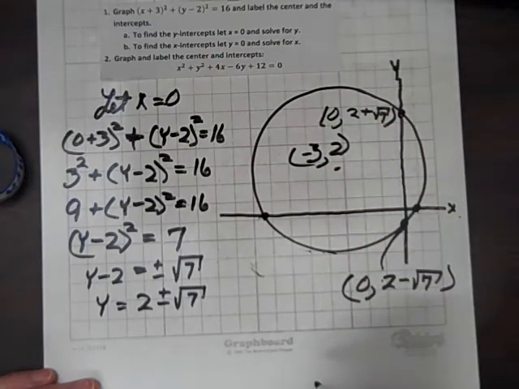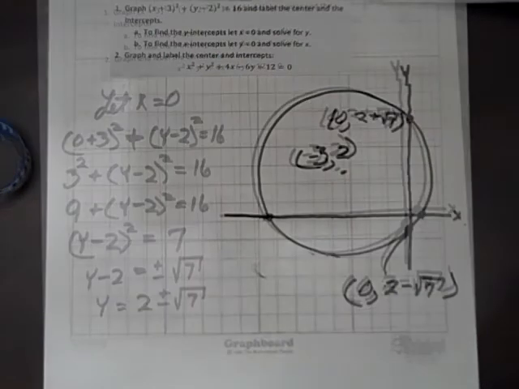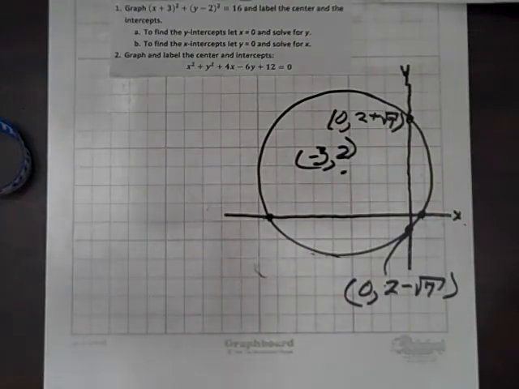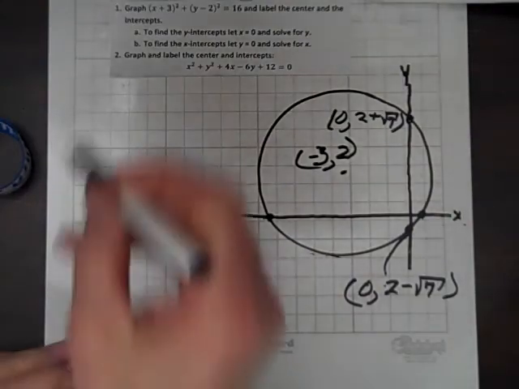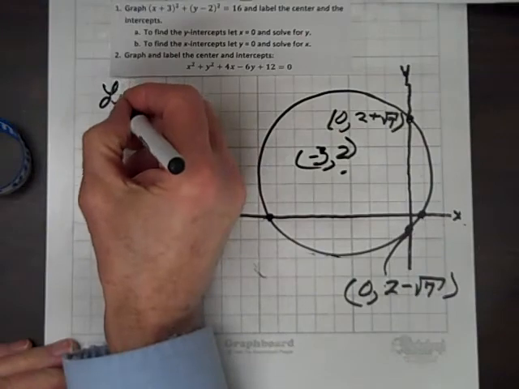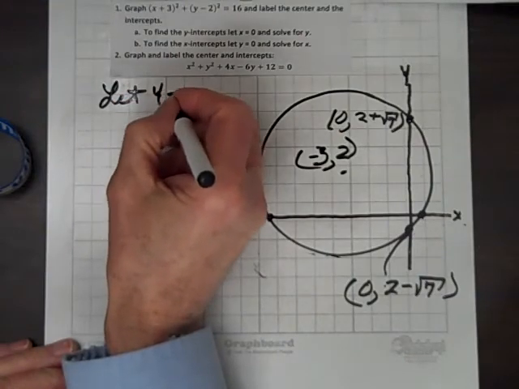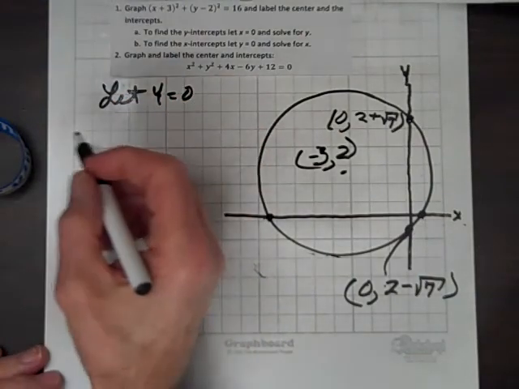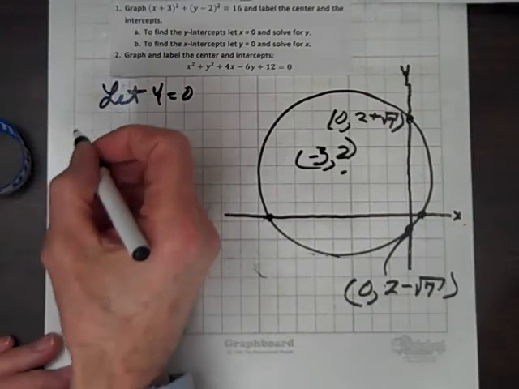And our next task will be to find the x-intercepts. To find the x-intercepts, we'll let y = 0 and solve for x.